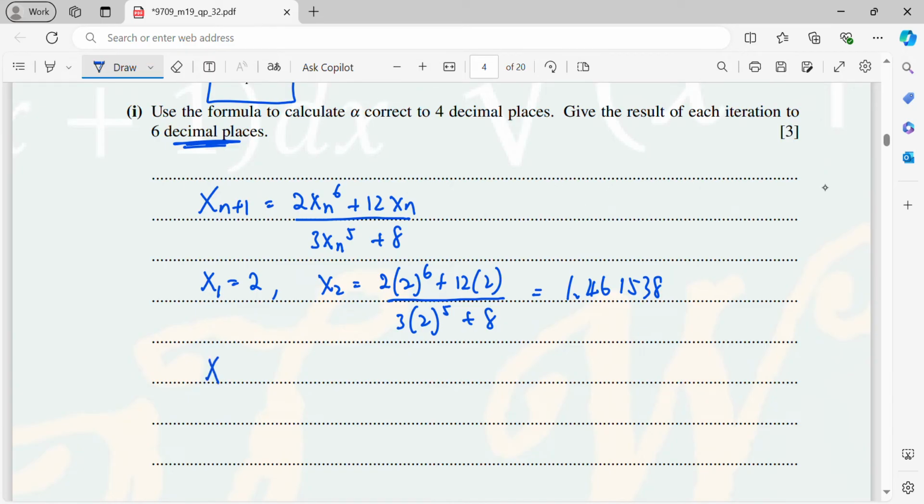Therefore now we need to continue to x3. So now my x3 is going to be 2 of the x2. Just rewrite all the values. Plus 12 of x2 over 3x degree 5.